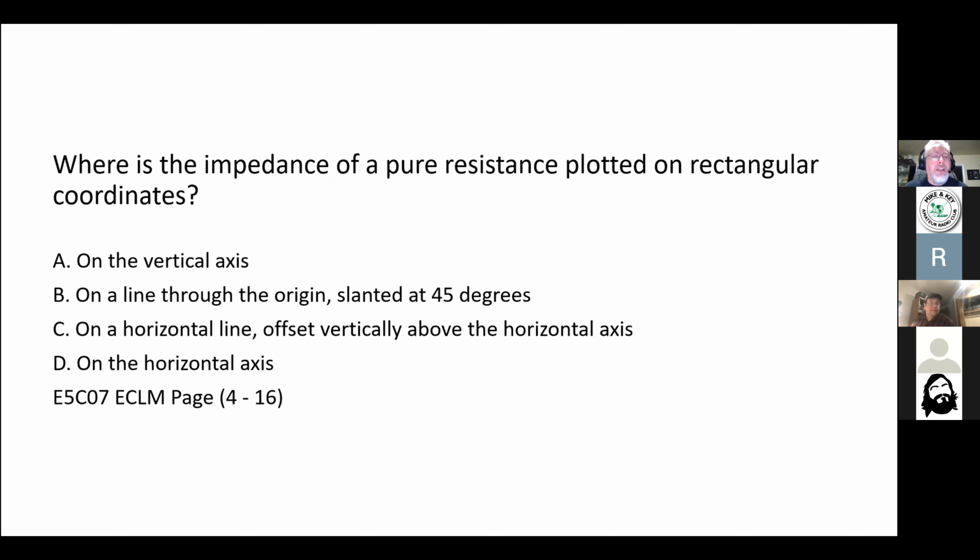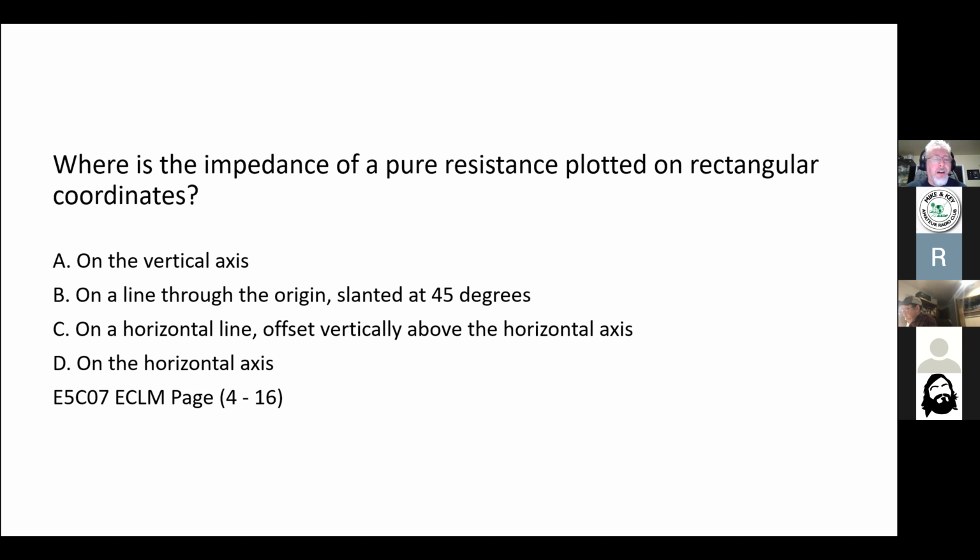Where is the impedance of a pure resistive plotted on rectangular coordinates? A, on the vertical axis. B, on a line through the origin slanted at 45 degrees. C, on a horizontal line offset vertically above the horizontal axis.